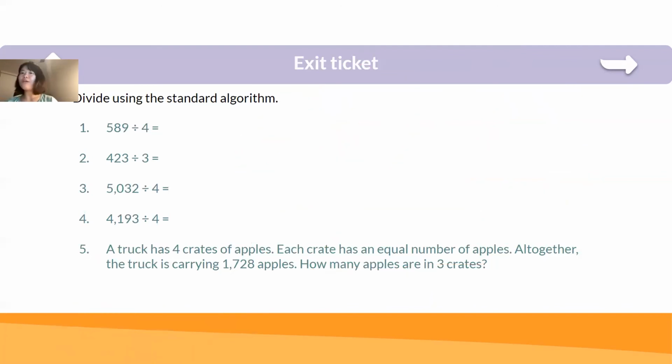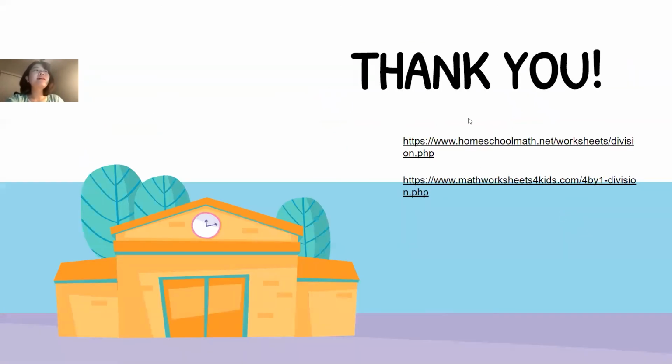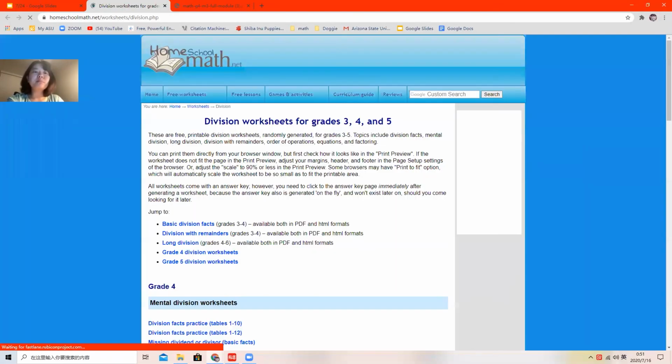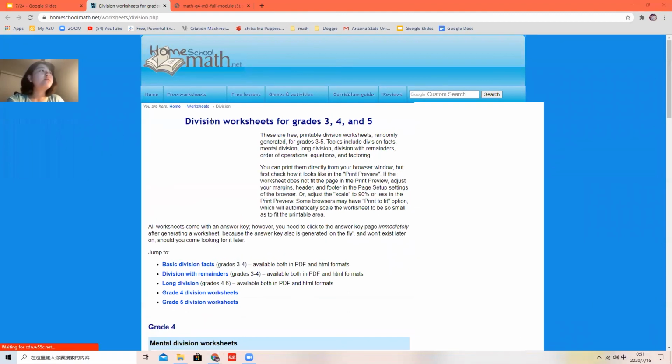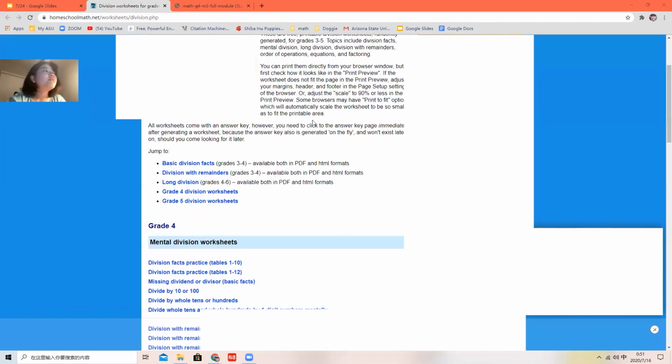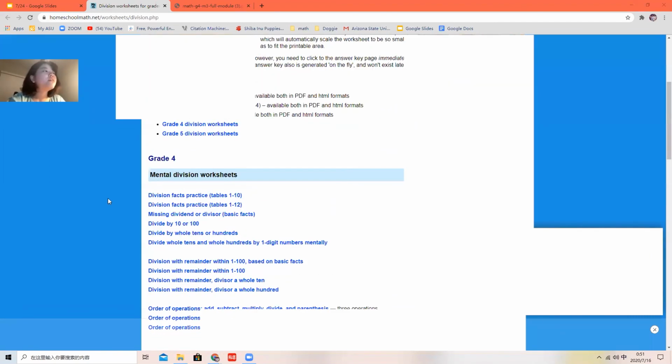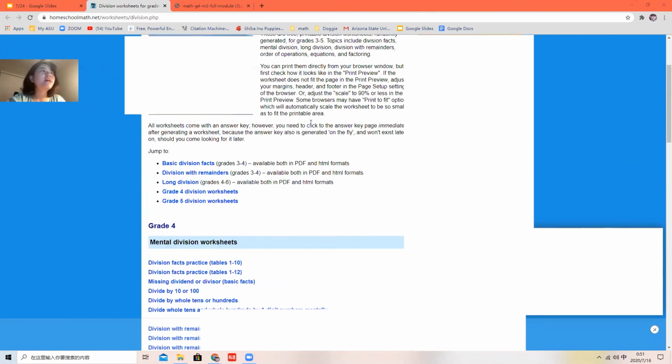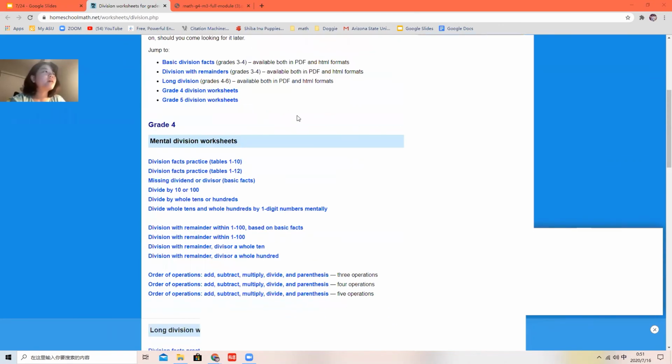Okay, and that will be all for today's lesson. It's really simple. And also, same as usual, I have 2 resources for you. So for this one, it gives us some division worksheets to practice. You can choose grade 4.